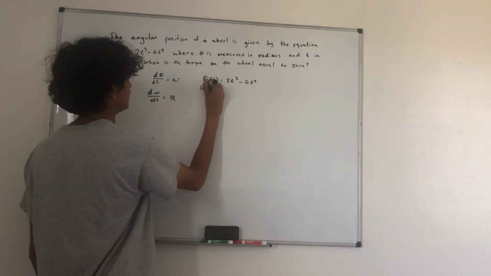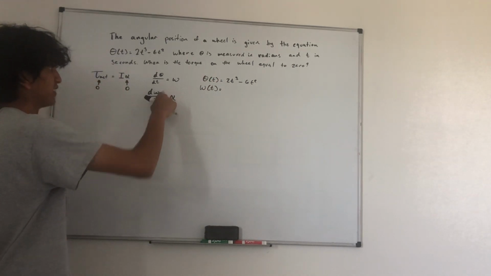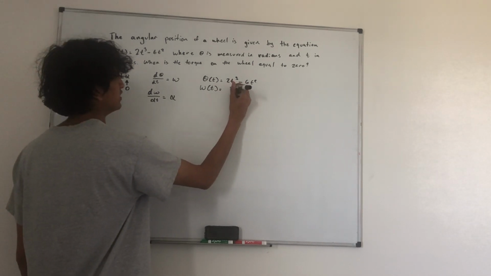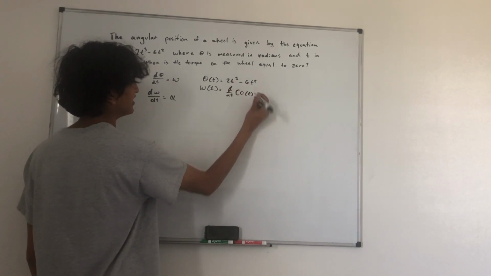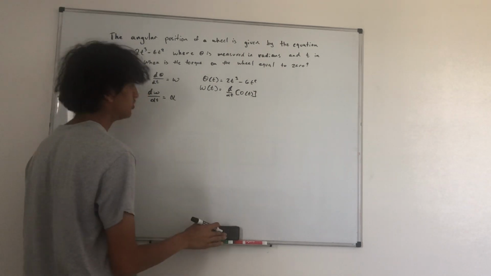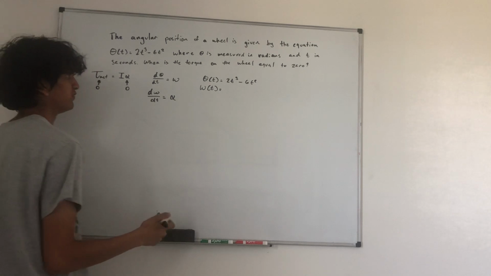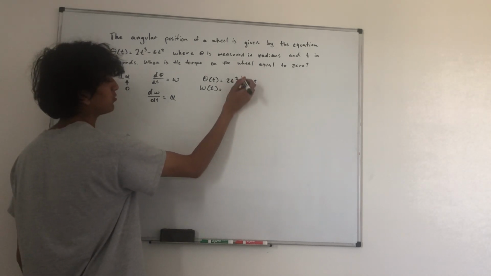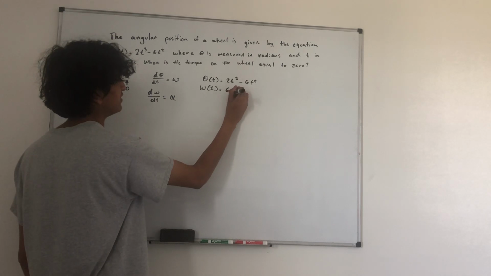So omega versus time: once again I'm differentiating, d over dt of 2t cubed minus 6t squared. I can just use the power rule. 3 times 2 is 6t squared.